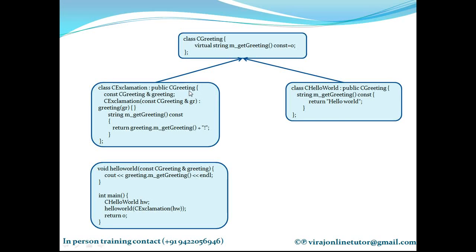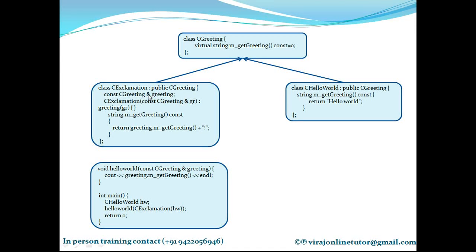That's what I had mentioned in the previous slide. The decorator design pattern is one which inherits and contains the object of the same class. I repeat, decorator is a design pattern which inherits and contains the object of the same class. Here I am inheriting from cGreeting and I am containing an object of cGreeting as well.